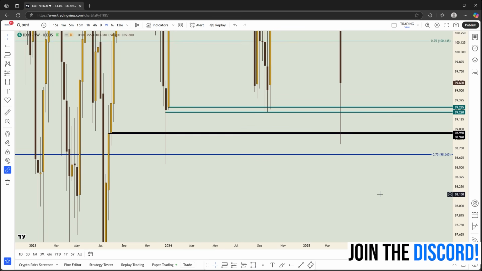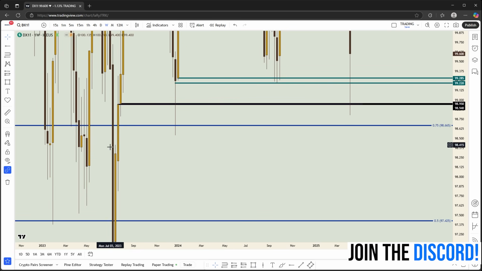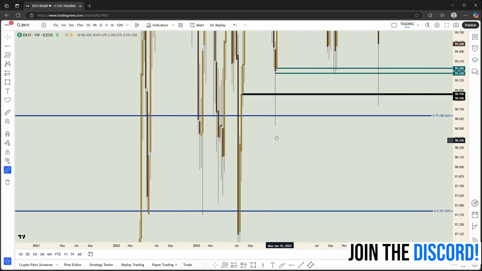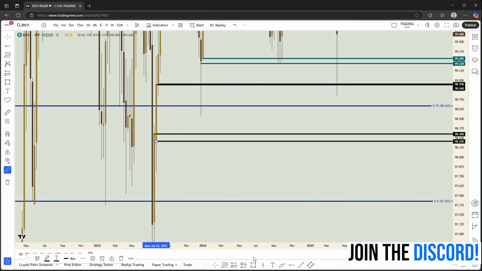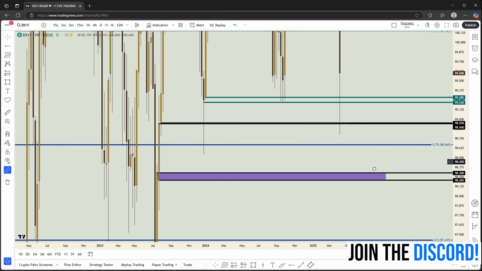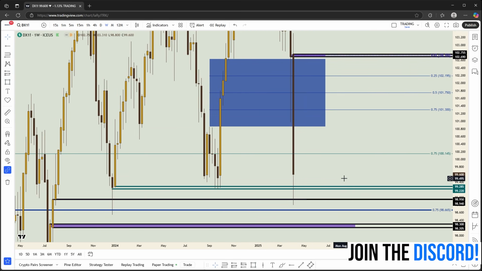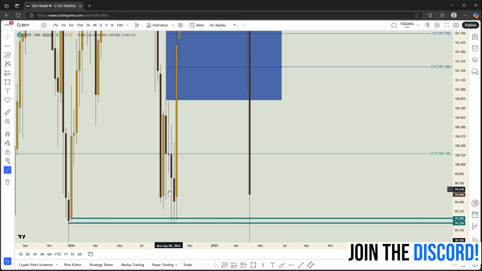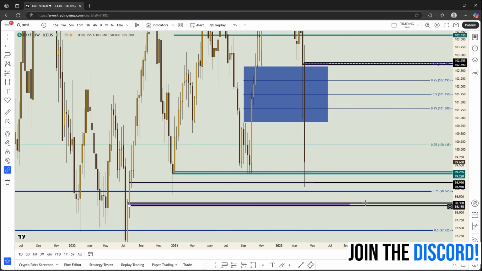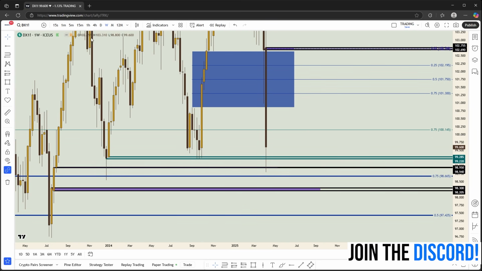We can use that weekly volume imbalance. I would not use this weekly fair value gap because we have a monthly level overlapping, but we can use this weekly overlap that exists right here. Why? Because no high time frame level is overlapping it. So we can use this weekly overlap. And to be honest, that's close to all we could use. I don't particularly see anything else that we could use here on a weekly chart.